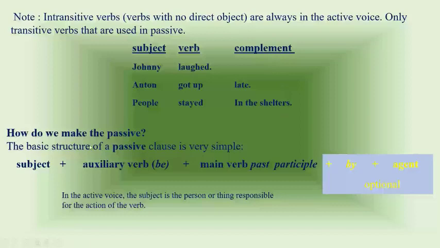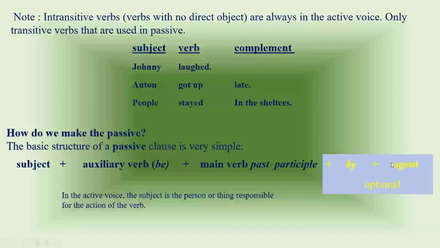Now, how do we make passive? The basic structure of passive clauses is supposed to be very simple: subject, auxiliary verb, always the verb to be but in different forms according to the tense or the time of the sentence, main verb, always in past participle, always, and optionally the agent.